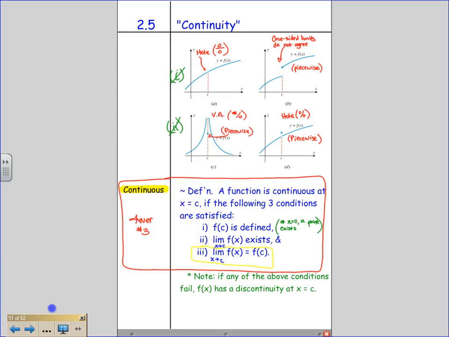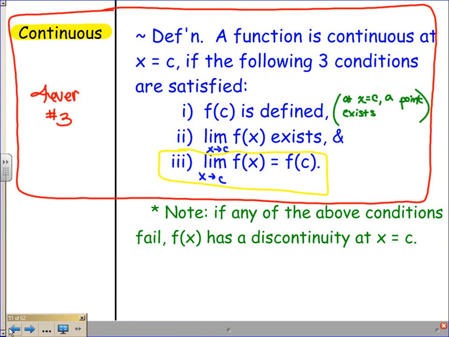But what's the one I probably meant more specifically? B. Why doesn't the limit exist? Different values. They don't agree. As I come from both sides, the one-sided limits don't agree, therefore the limit does not exist. So when I'm talking about down here in my definition, the limit existing, I mean the one-sided limits exist and agree, right?